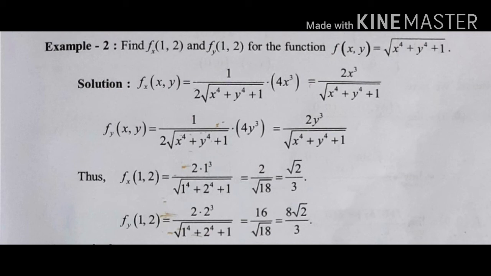So fx(1, 2) is equal to 2 into 1 cube divided by root over 1 to the power 4 plus 2 to the power 4 plus 1, which is equal to 2 by root 18, which is equal to root 2 by 3. And fy(1, 2) is equal to 2 into 2 cube by root over 1 to the power 4 plus 2 to the power 4 plus 1, which is equal to 16 by root 18, which is equal to 8 root 2 by 3.